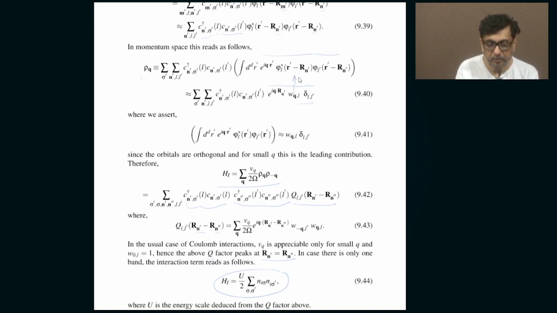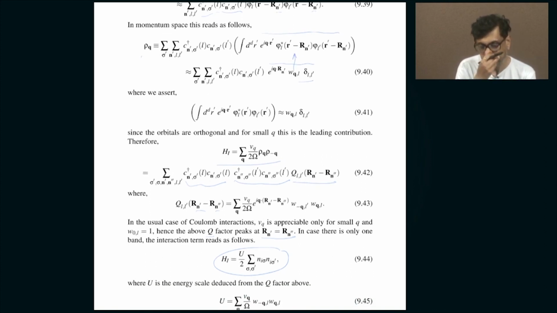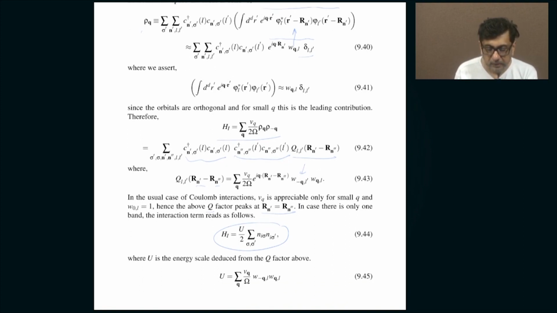So, this is your WQ. That is an overlap between the orbitals, if you like. It tells you what is the energy cost to putting one electron on top of the other. So, that is pretty much what this is. So basically this U is therefore that energy cost to putting one electron on top of the other.